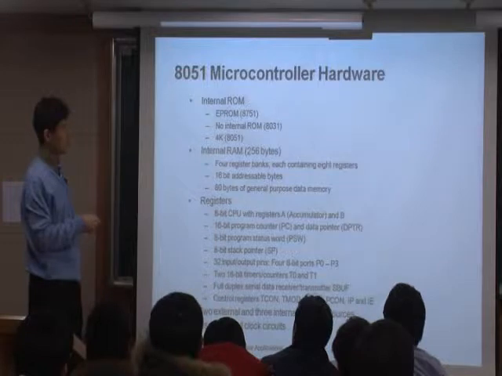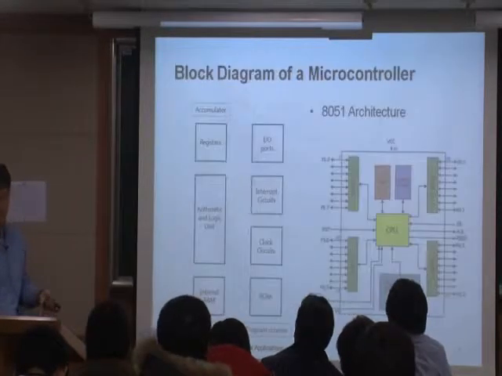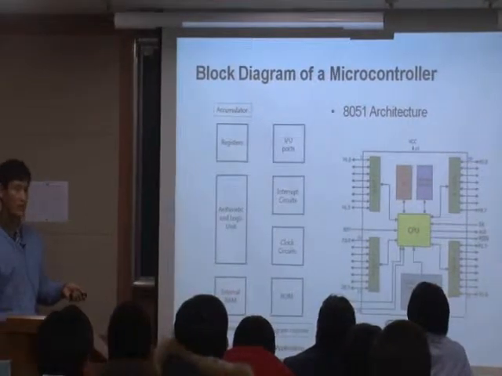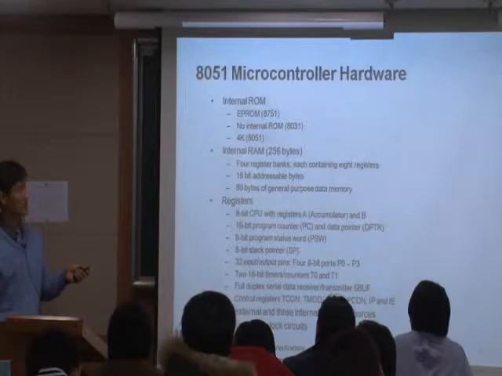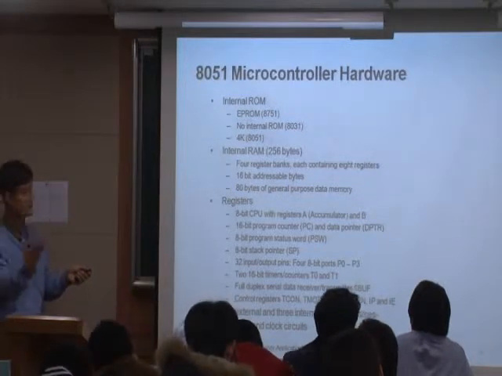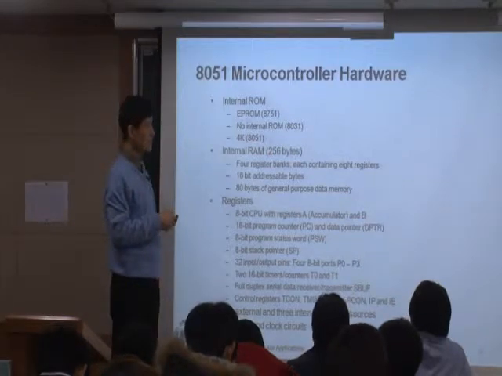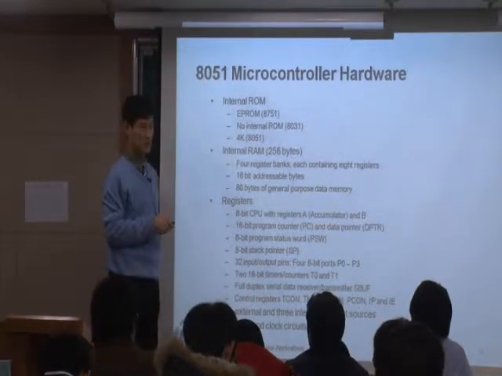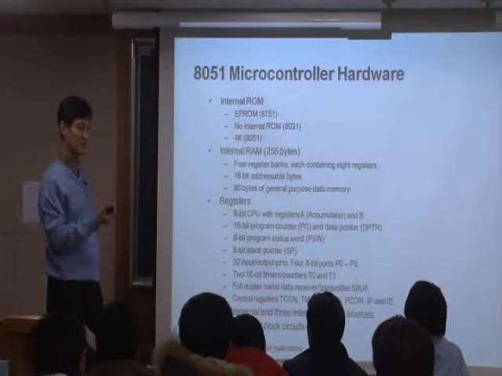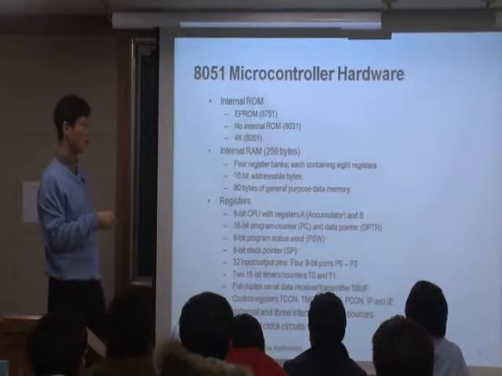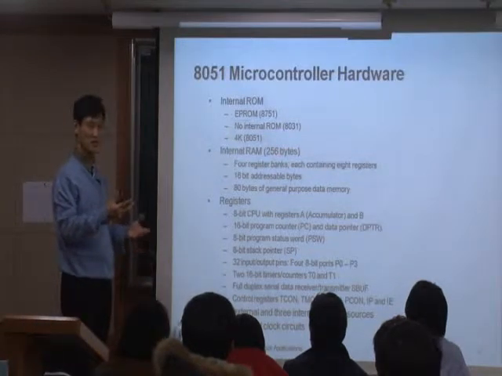In the 8051, we also have internal RAM. What is internal RAM? This one, right? We call that data memory. This is where you keep temporary, read-write data. Generally, in the 8051, you have only 256 bytes. So tiny, right? From our perspective, it's so tiny. But think about it as 30, 40 years ago. It was a pretty good size at that time.